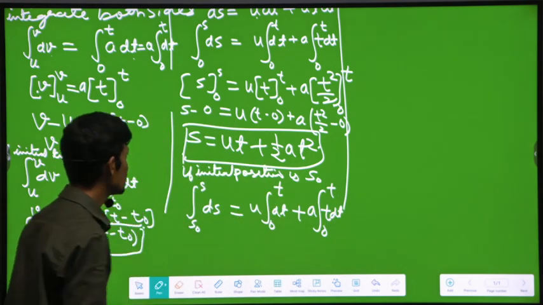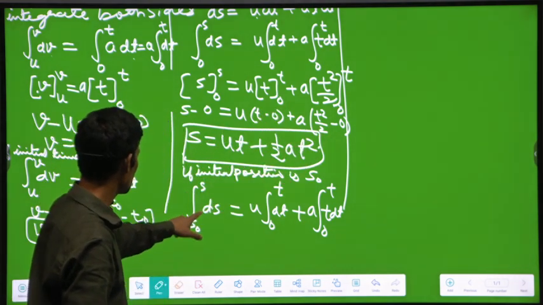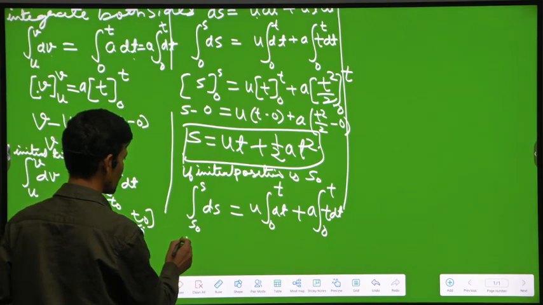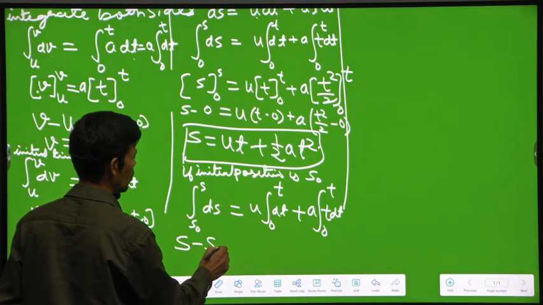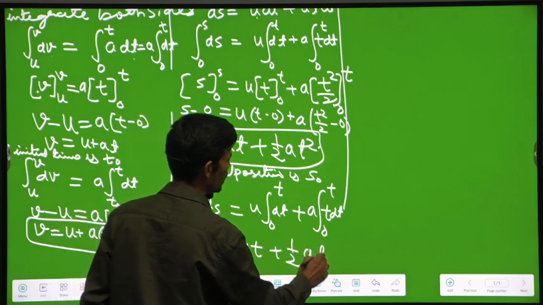And what will be the answer? This part will remain the same, so I'm not changing it, but that part will become s minus s naught, that is ut plus half at square.